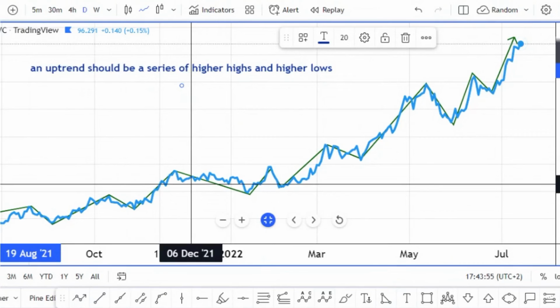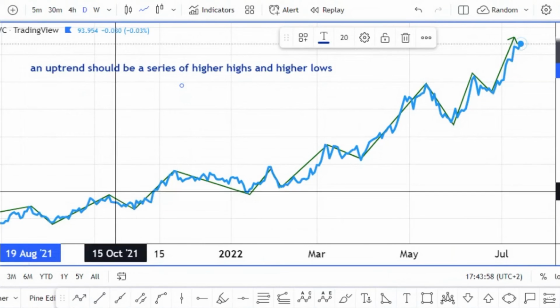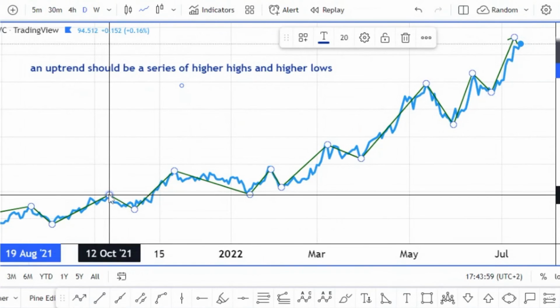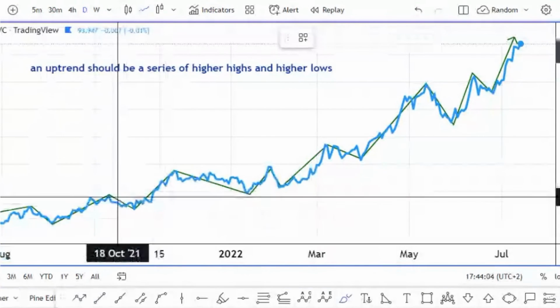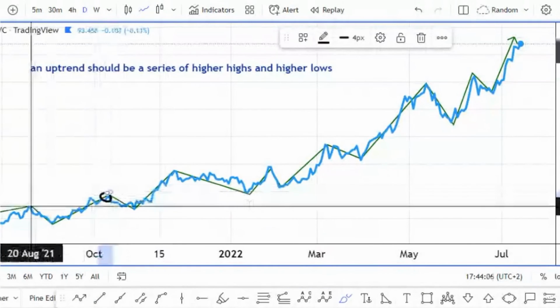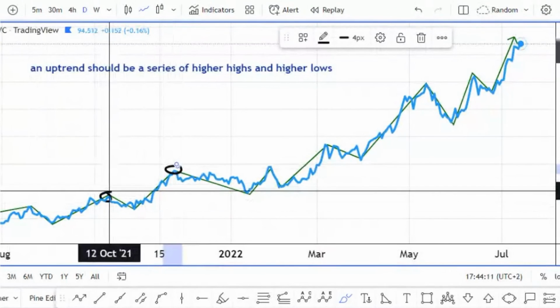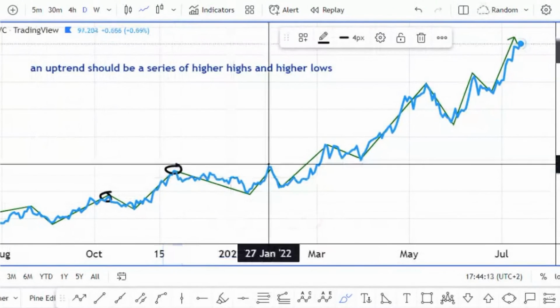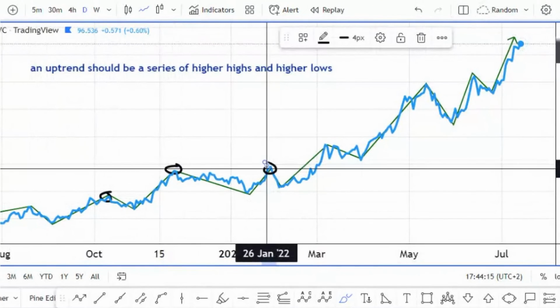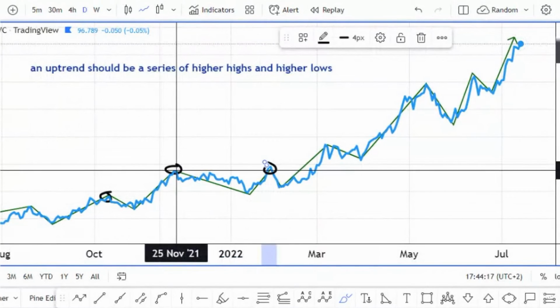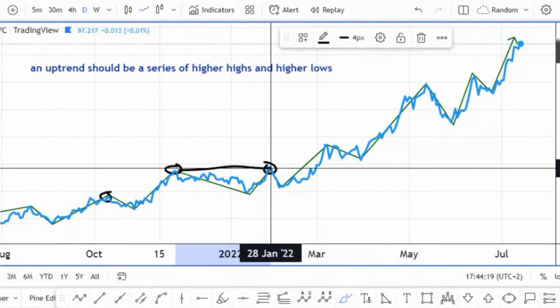Where are the highs and the lows? Here are the highs and the lows. Are the highs higher than the previous highs? I mean, is this high higher than the previous one? Yes, it is. Is this high higher than the previous one? Yes, it is. Is this high higher than the previous? Not so much higher.